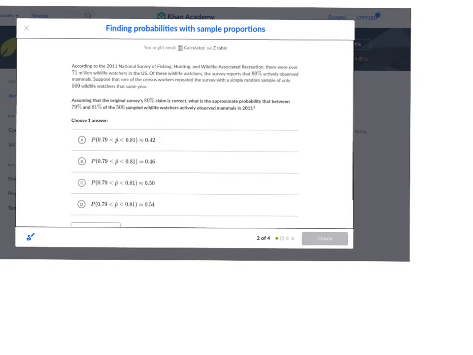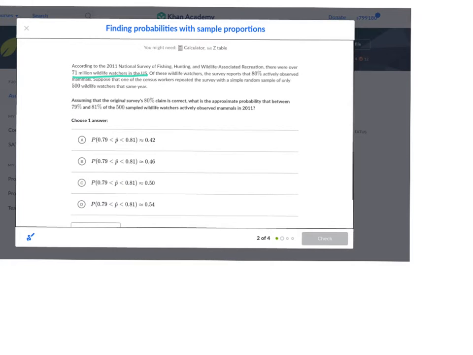Okay, so on this one, I can tell that we are going to be using that z-score. So according to the 2011 National Survey of Fishing, Hunting, and Wildlife Associated Recreation, there were over 71 million wildlife watchers in the U.S. So that's my population.